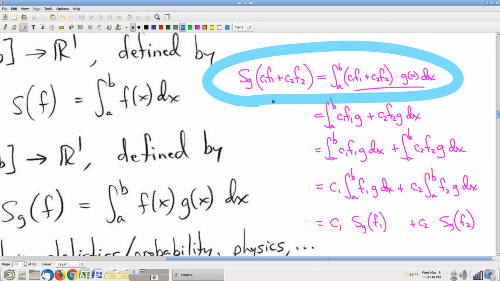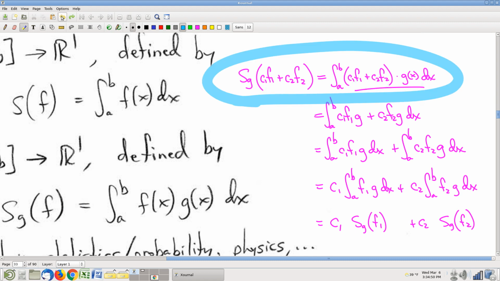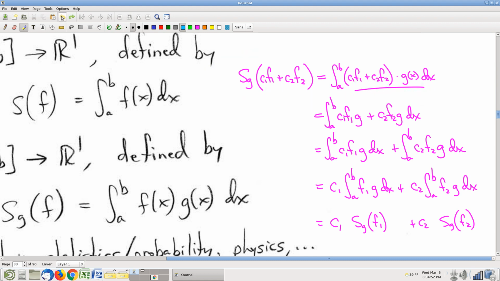Notice here, my input linear combination just goes there per the formula for S_g. Okay. How am I going to get rid of that thing? There we go. So next, what am I going to do about this?